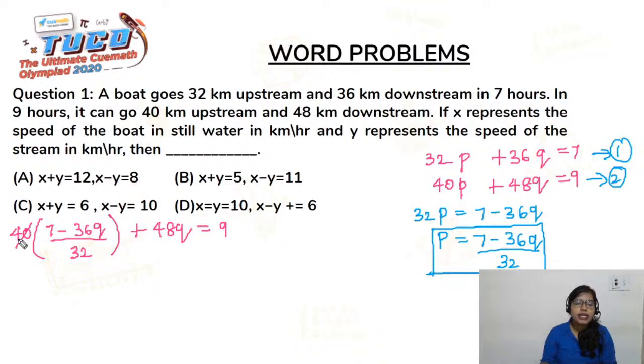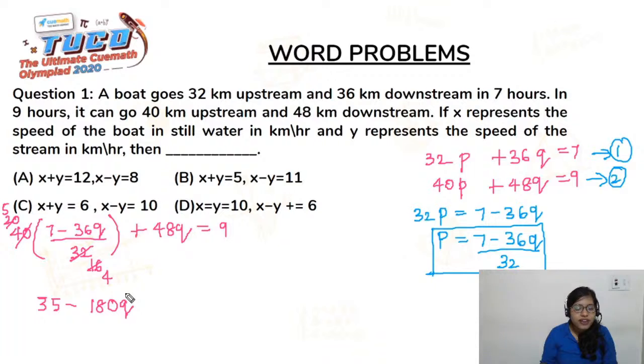And from here, I can cancel out 20 and 16, and then this is going to be a 10 and 8, or you could say 4 times 5 is 20, 4 times 4 is 16. And from here, you could see that 7 times 5 is 35, right? So 7 times 5 is 35 minus 36 times 5 is 180q.